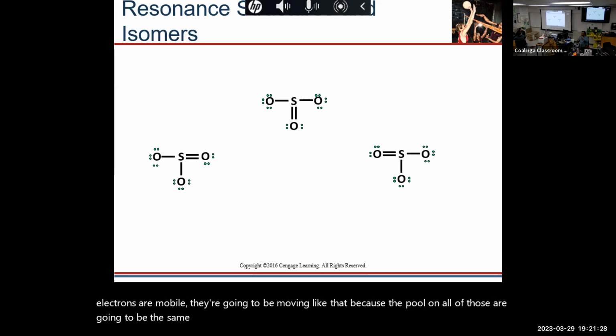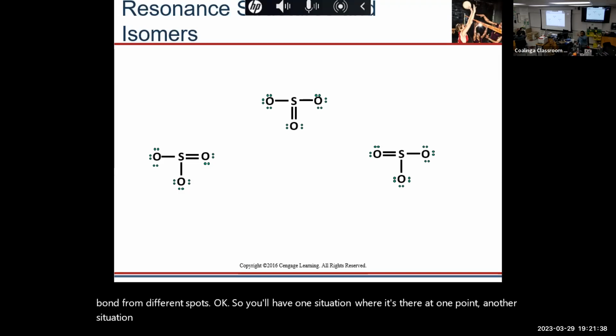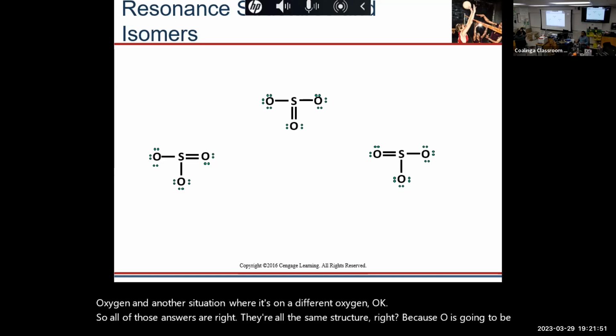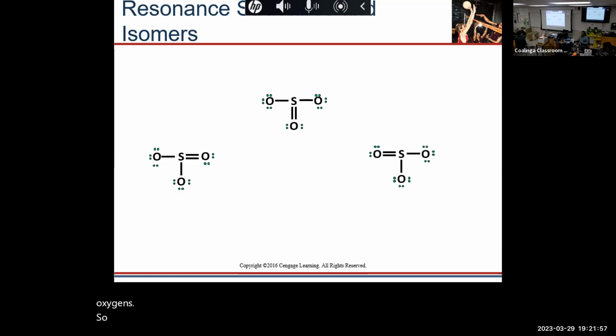So you'll have one situation where the double bond is at one point, another where it's on the other oxygen, and another where it's on a different oxygen. It's always the same structure, it's just that the electron is able to move between the different oxygens. That is a resonance structure.